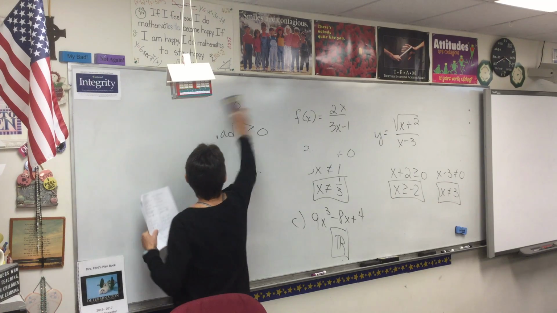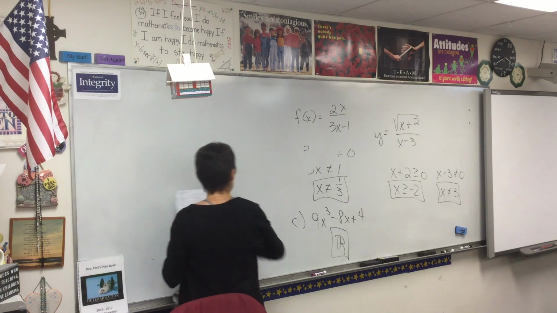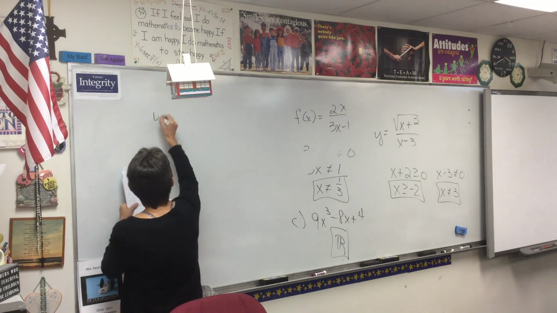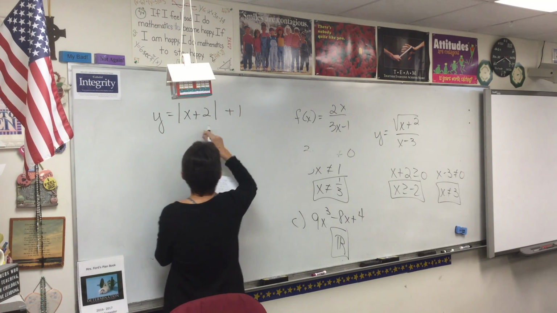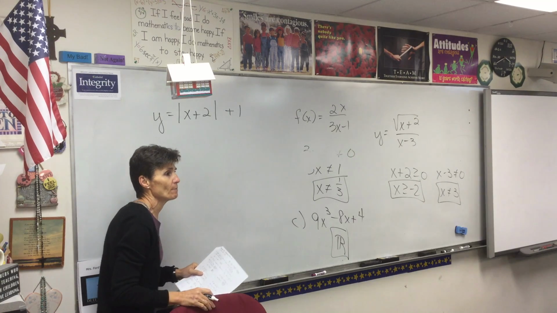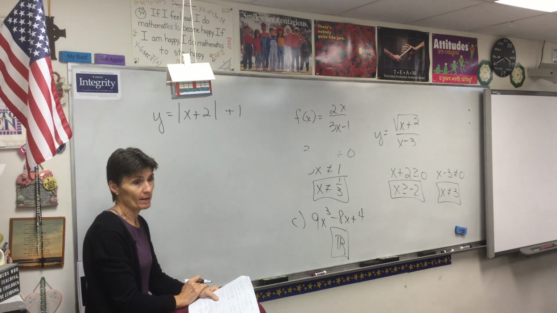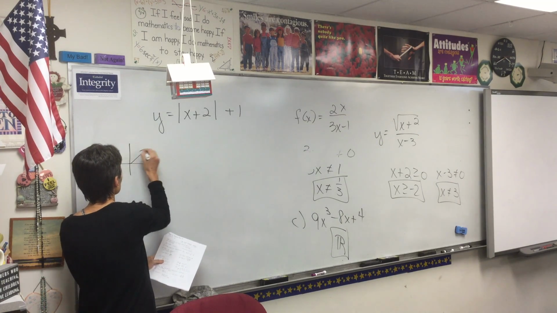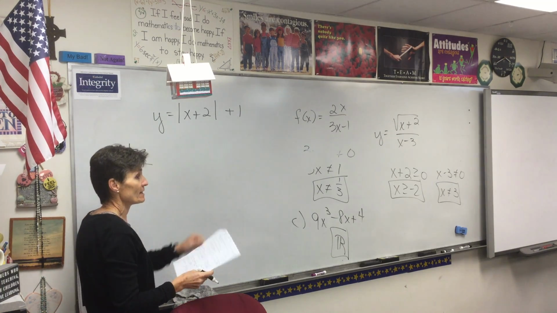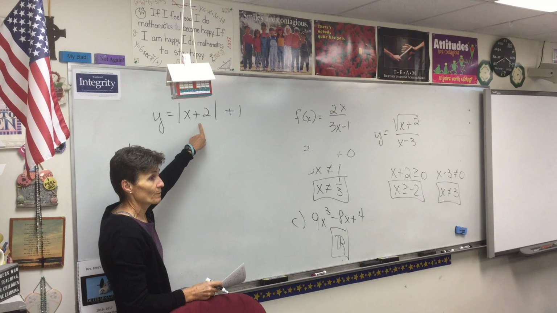All right, most of these are just your BFFs moved around. So what shape are we going to have for this first problem A? What shape will that be? A V shape. But instead of being out of the origin, it's going to be shifted how? To the left.